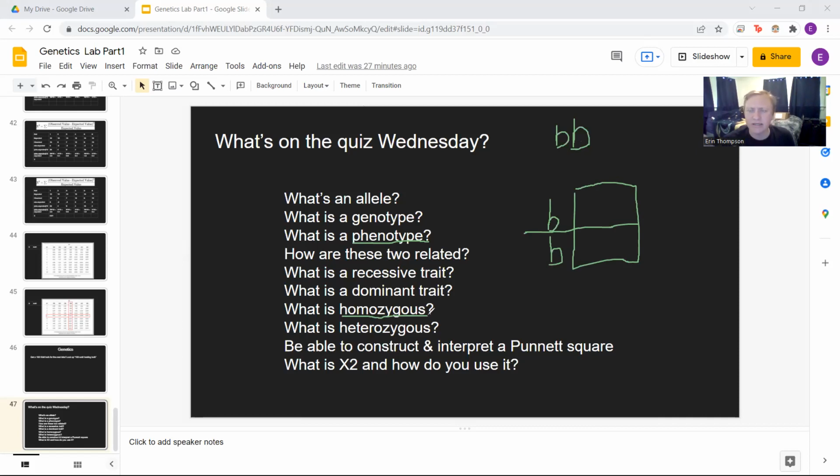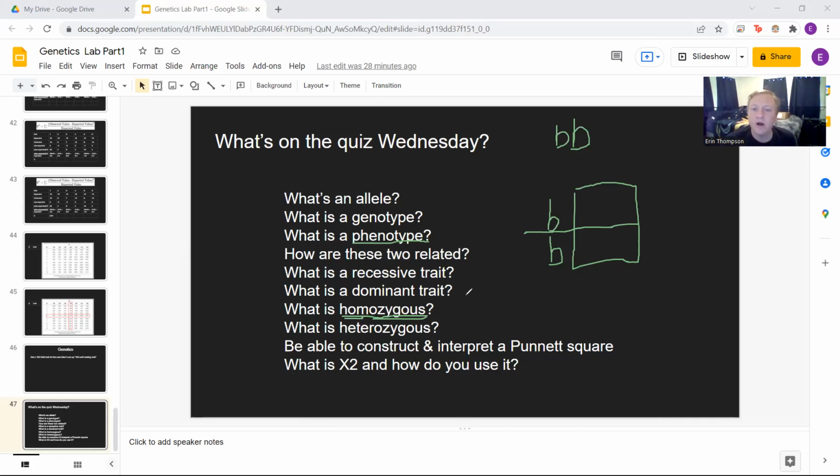What does homozygous mean? Is anybody up on the reading? Having two copies of the same gene. Homo meaning same, zygous referring to our alleles in this case.